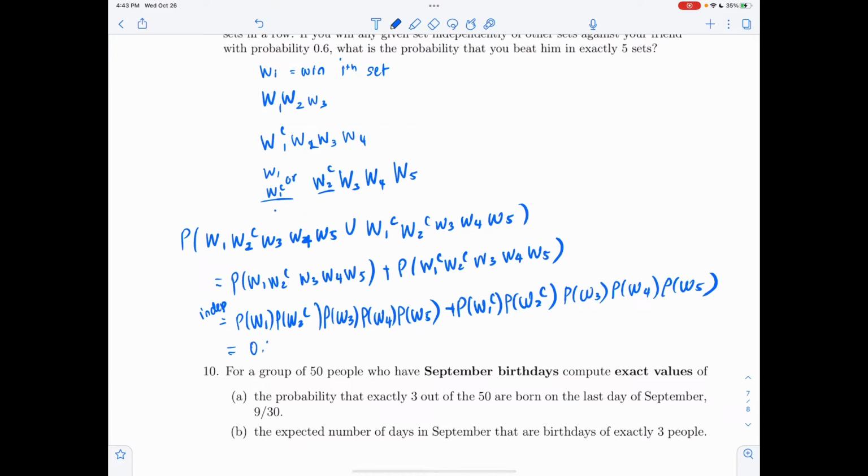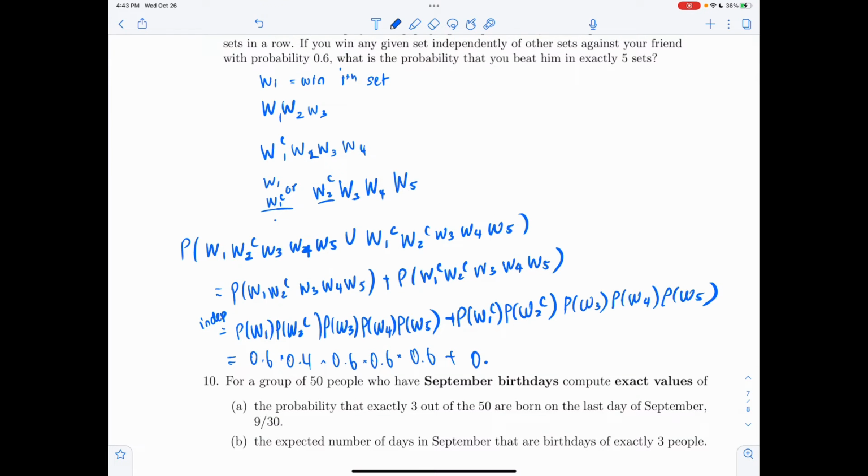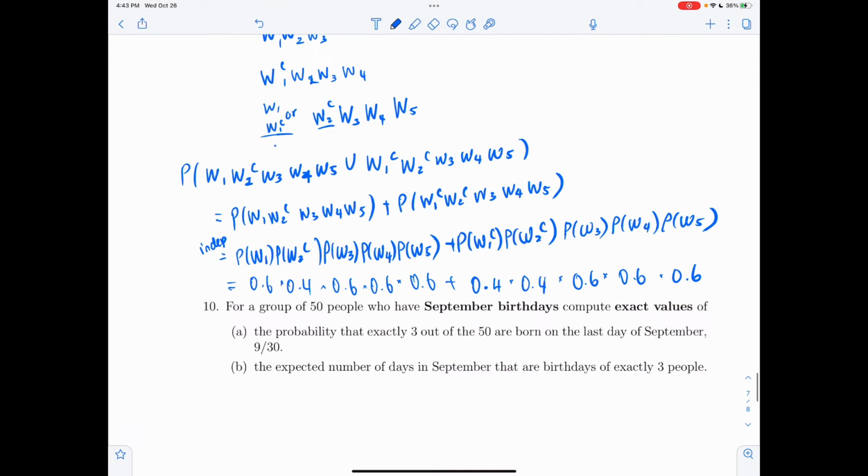It is 0.6, 0.4, 0.6, 0.6, 0.6. And what is this? This is 0.4, 0.4, 0.6, 0.6, 0.6. Okay? So what do you have? You factor that out.